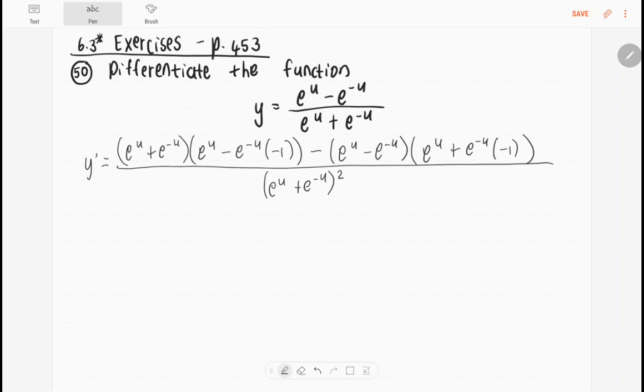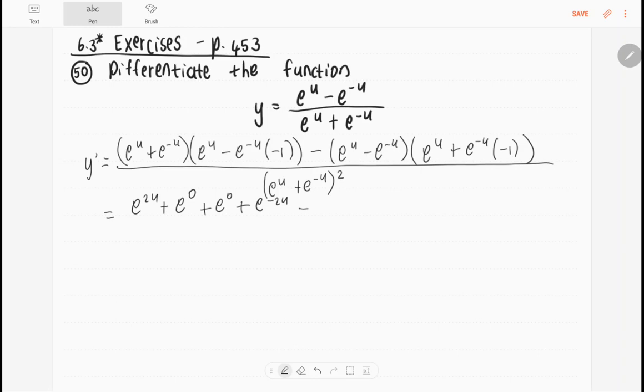Then we can simplify that a little bit. So if we multiply out our brackets, we are going to get e to the 2u, then we are going to get minus e to the 0, sorry, that's plus e to the 0, then we are going to get plus e to the 0 again, and then we multiply the last terms, we are going to get plus e to the minus 2u.